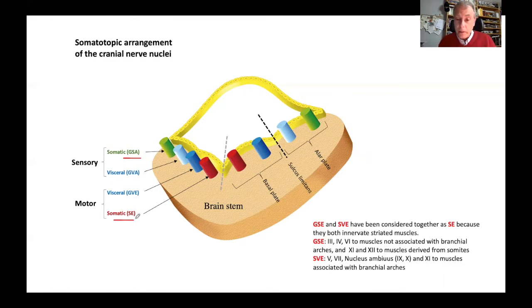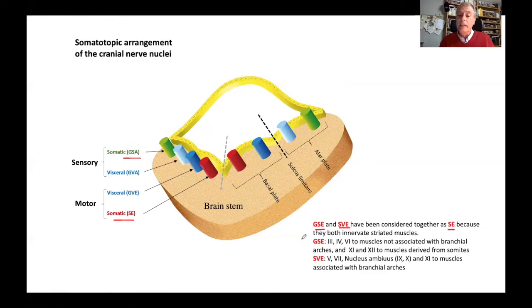We have to point out that in here, the general somatic afferent and the special visceral afferent components have been considered together as somatic afferent because both innervate striated muscles.